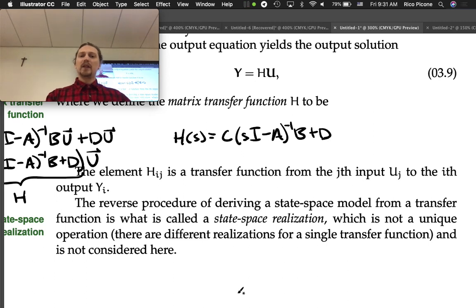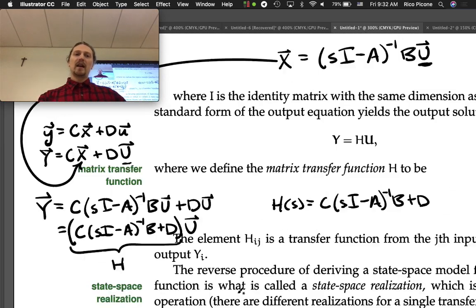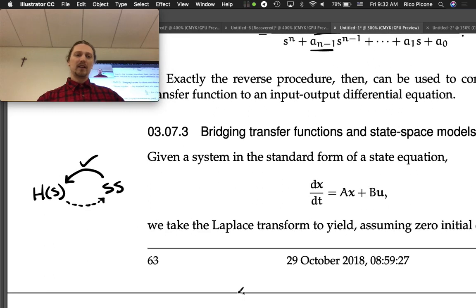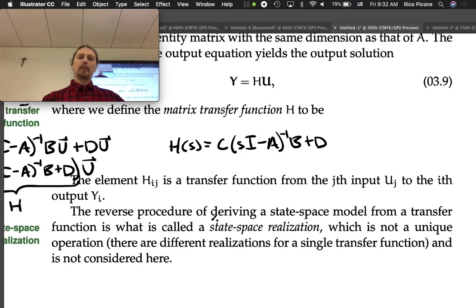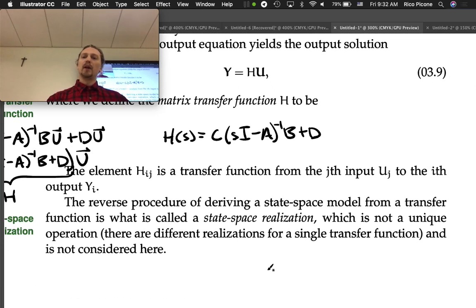The reverse procedure of deriving a state space model from a transfer function is what is called a state space realization. So that was this dashed line right here. This is called a realization. Just a couple notes on that. It's not a unique operation. There are different realizations for a single transfer function. Choosing which variables will be your state variables determines what the realization will be.